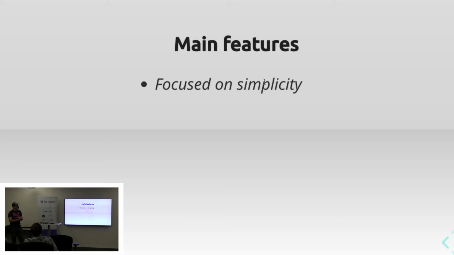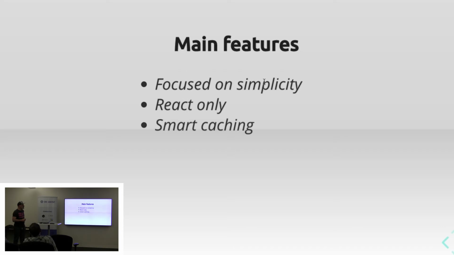This one, of course, is also focusing on a nice, easy to use API. We will see a few examples that remove some of the boilerplate that we can see in Apollo Client. This will be easier to see in the examples. This is React only, and it uses what I call smart caching. Kim Wheeler came up with a nice idea, which is that he keeps a hash of the queries that you send to the GraphQL server and caches the return of that query.